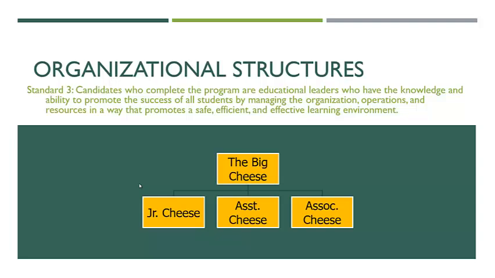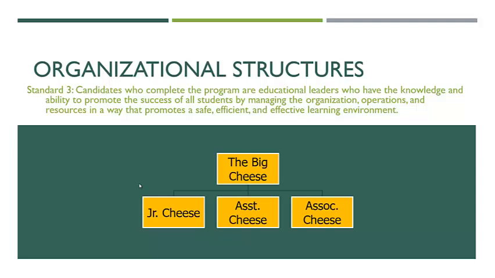Standard 3 says candidates who complete the program are educational leaders who have the knowledge and ability to promote the success for all students by managing the organization, operations, and resources in a way that promotes a safe, efficient, and effective learning environment. And so here we're talking about how the school is organized. And through that organization, how relationships are ran in that organization.